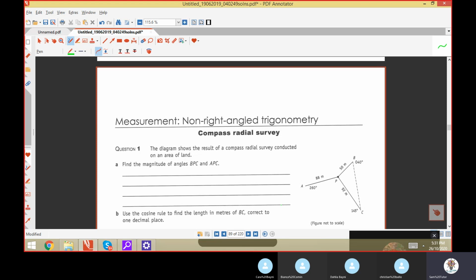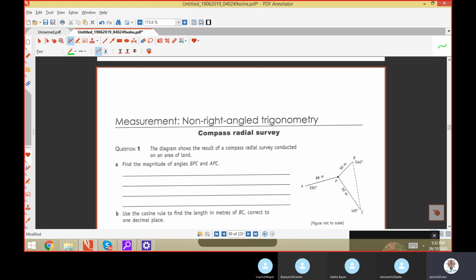I didn't have enough time to explain compass. The next few questions could be compass bearing, so just ask Sam to explain compass bearing. Compass bearing, you don't work like this. You work in 90-degree intervals. So you have north, south, east, west, and if the angle's in here, you say north, blah, east.